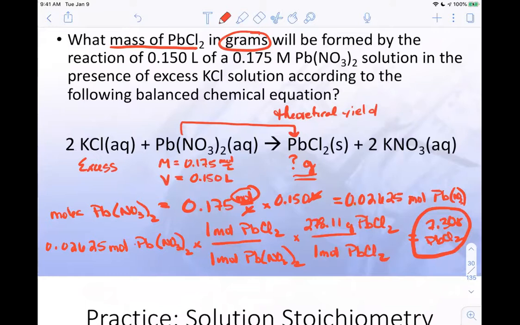So again, this is the same type of problem that we're going to do using stoichiometry. It's just that I ended up getting the moles of one of my reactants in a different way because I had a solution amount and not a gram amount.